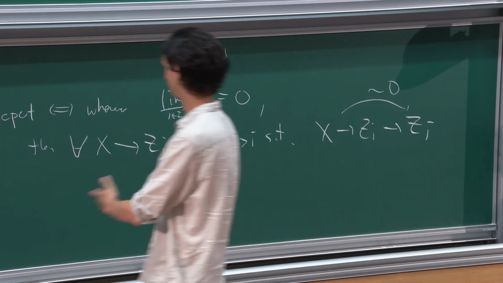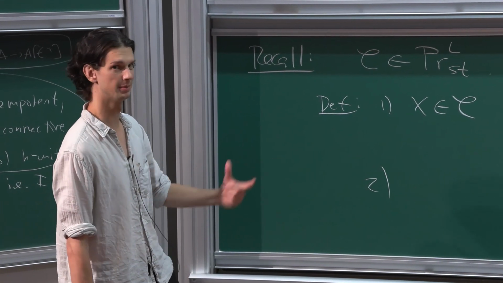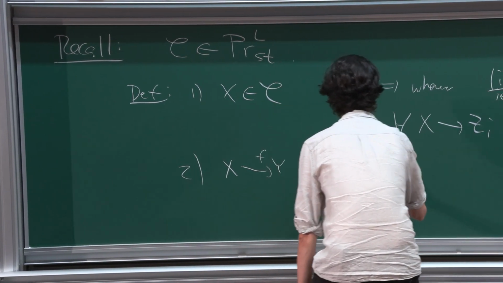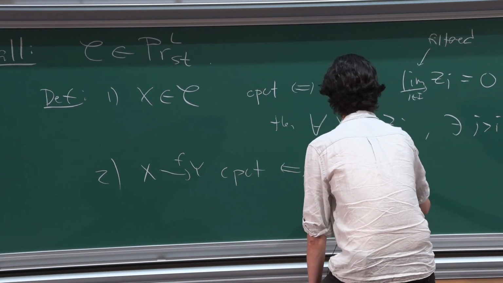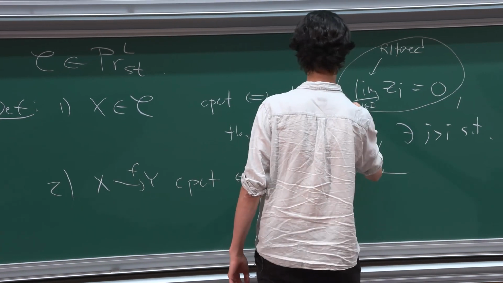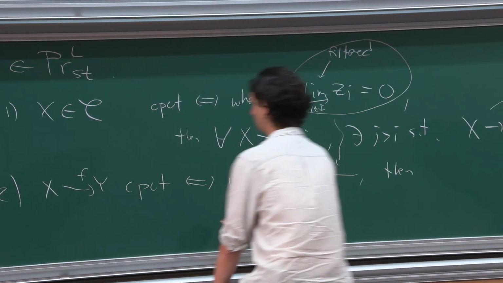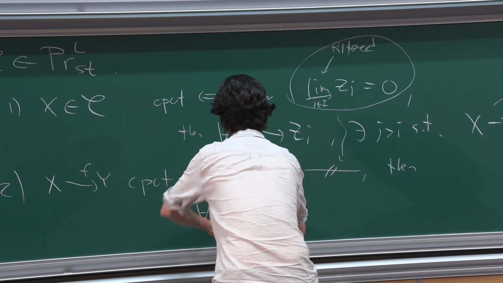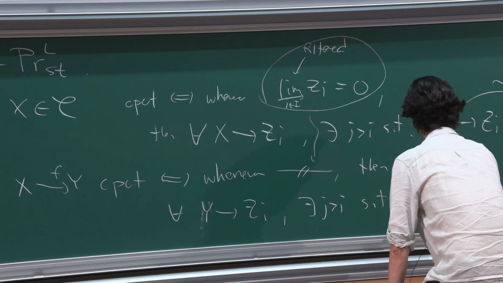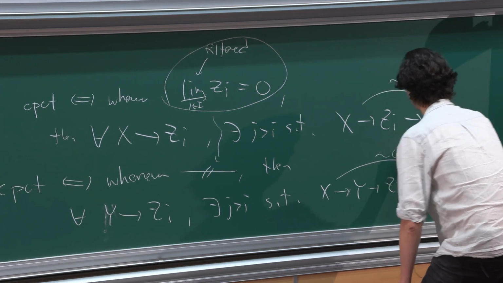The reason for rephrasing it this way is that it gives a convenient definition of the notion of a compact map. Whenever we have the same situation, then for all maps from y to some z_i, there exists a j bigger than i such that x goes to y, goes to z_i, goes to z_j is null homotopic.